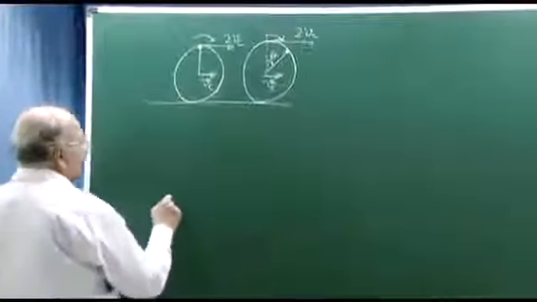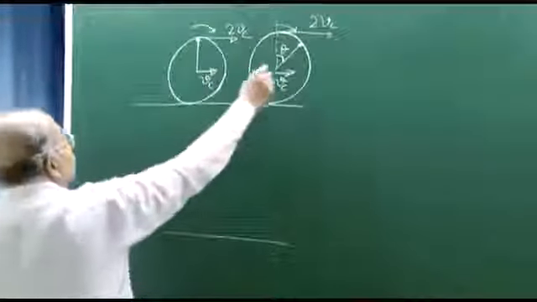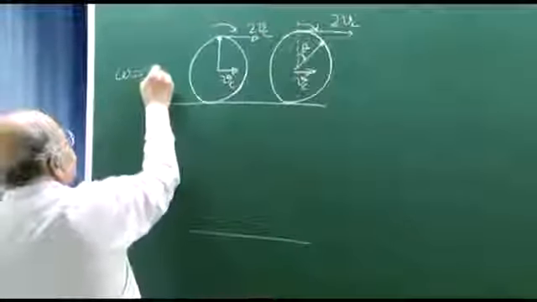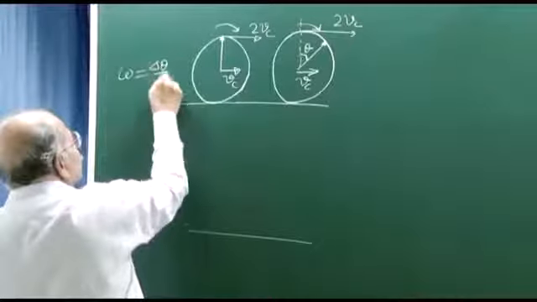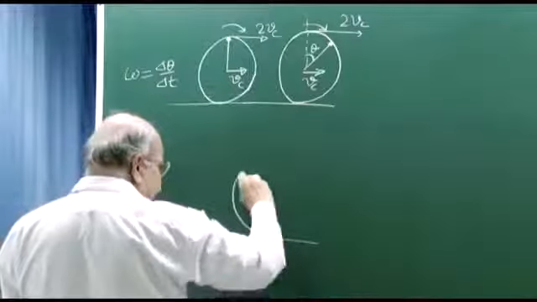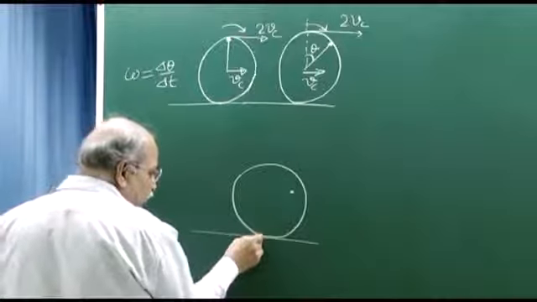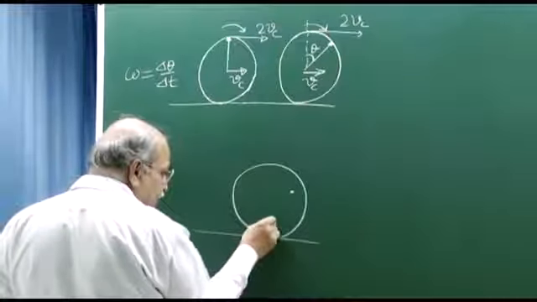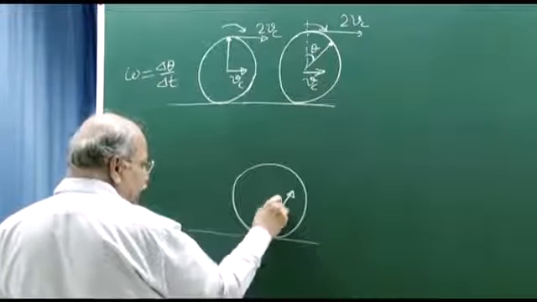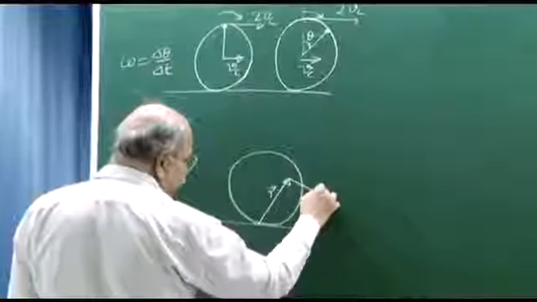In fact, you can generalize. You can always say that what is omega here, this angle which has been rotated in some time. So, omega is delta theta over delta t, that is omega, and you take any point anywhere on this object, and you can call this vector as r vector, and then the velocity of this is omega cross r.